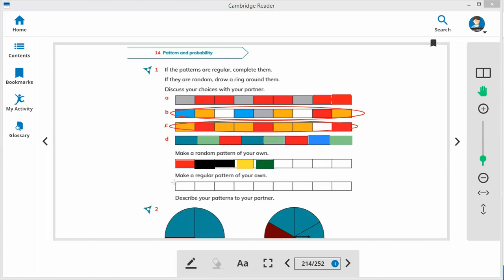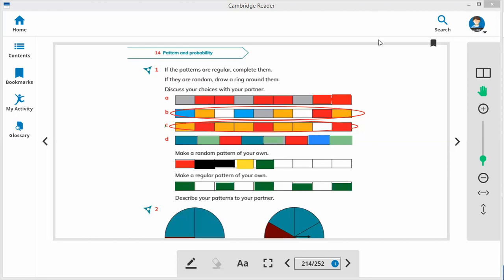What are regular patterns? Green, white, green, white, green, white, green, and white. Then we will have green again. These are regular patterns. Understand, boys?